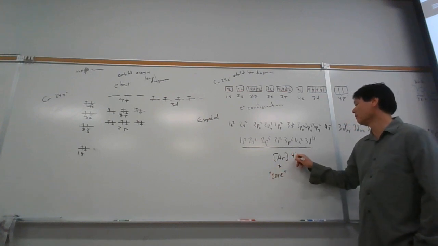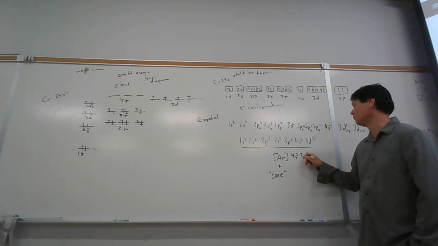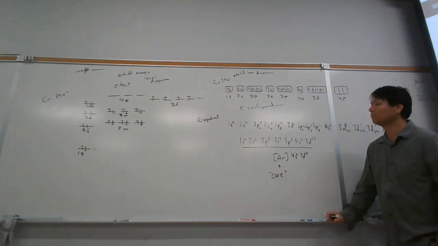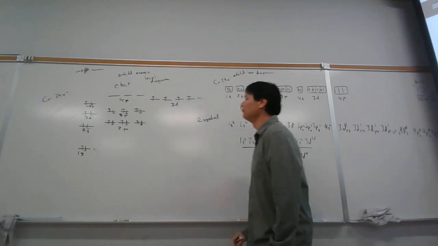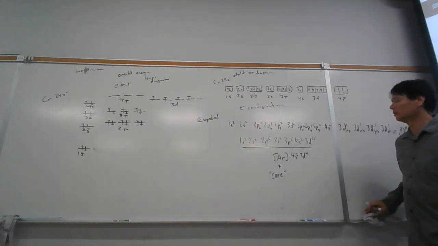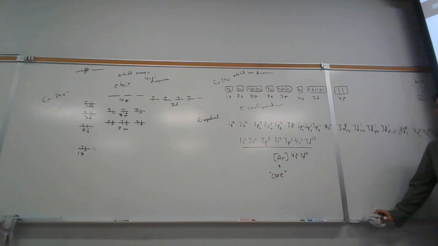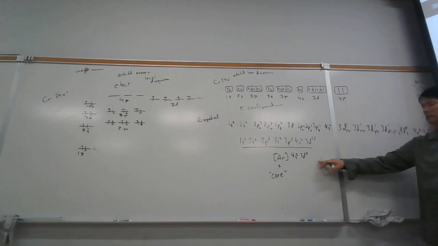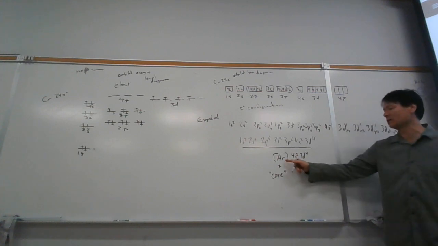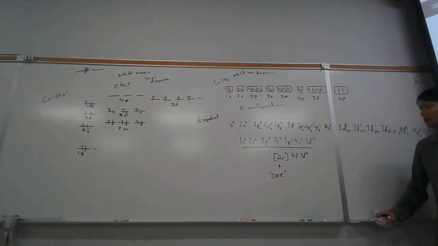And then we're going to have 4s2, 3d4, meaning we have a partially filled fourth shell here. And so these are three ways of writing the electron configuration, from the expanded to the condensed to using what we call the noble gas electron core abbreviation.